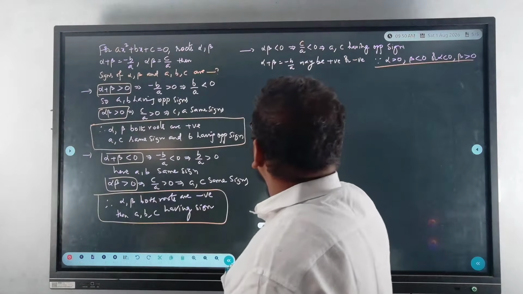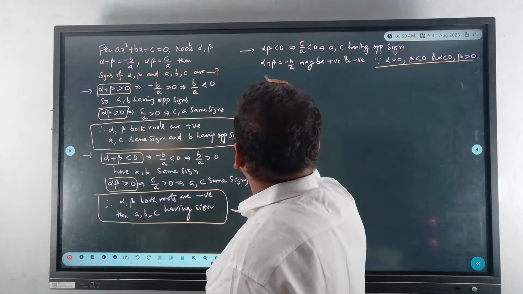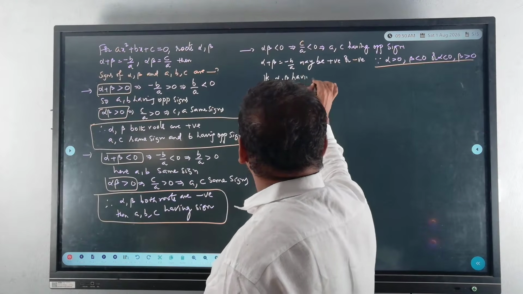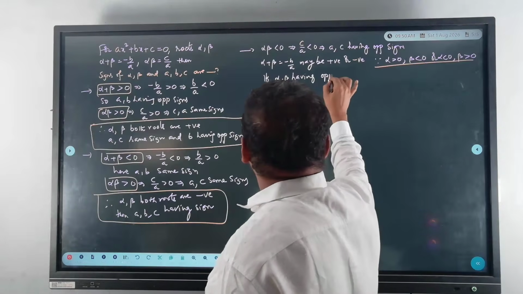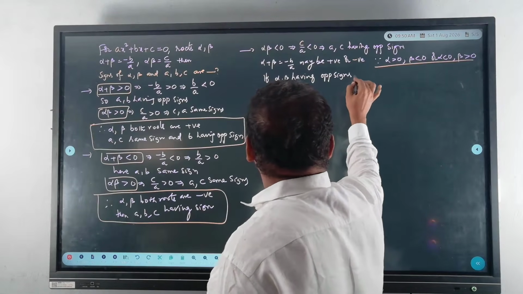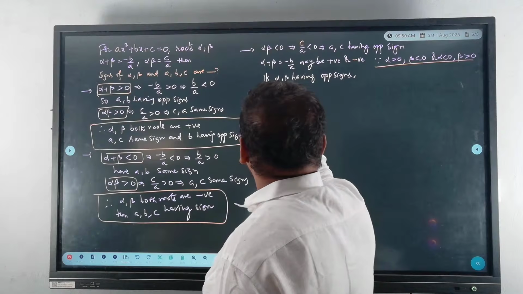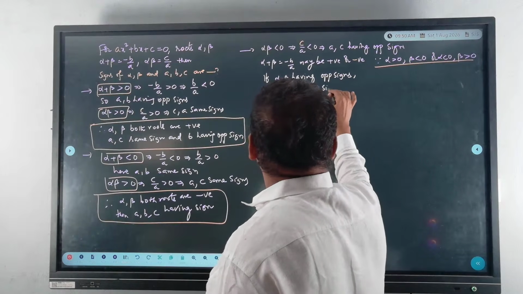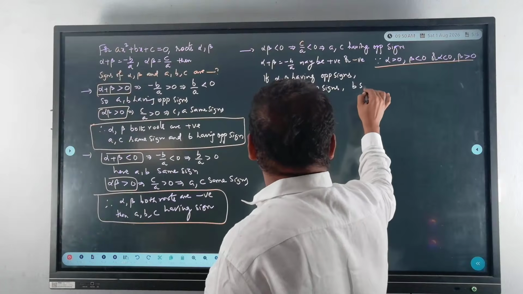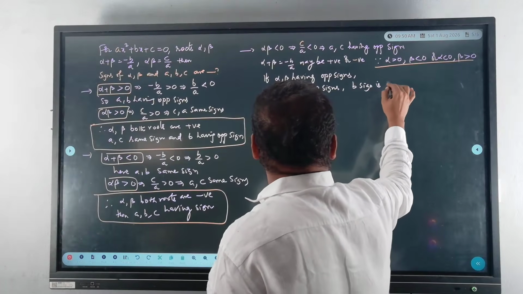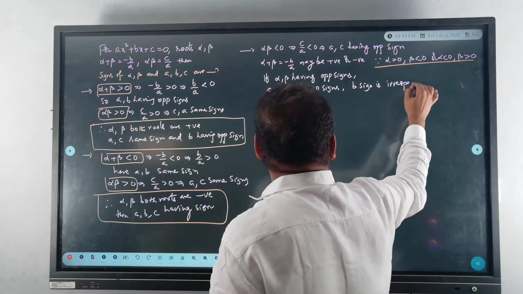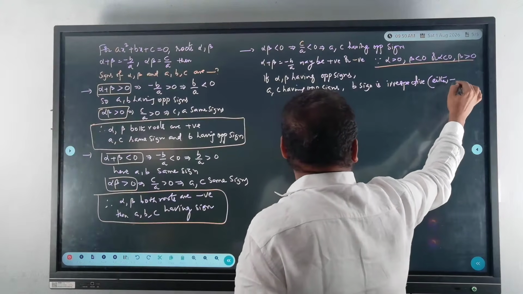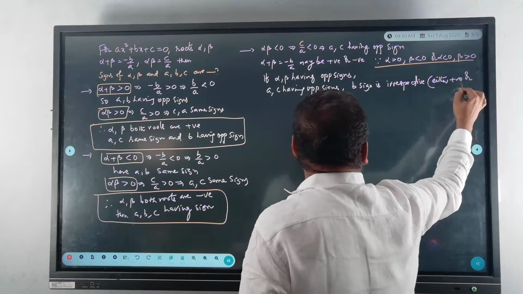So the conclusion is, if alpha beta having opposite signs, a comma c having opposite signs, and b's sign is irrespective, either positive or negative.